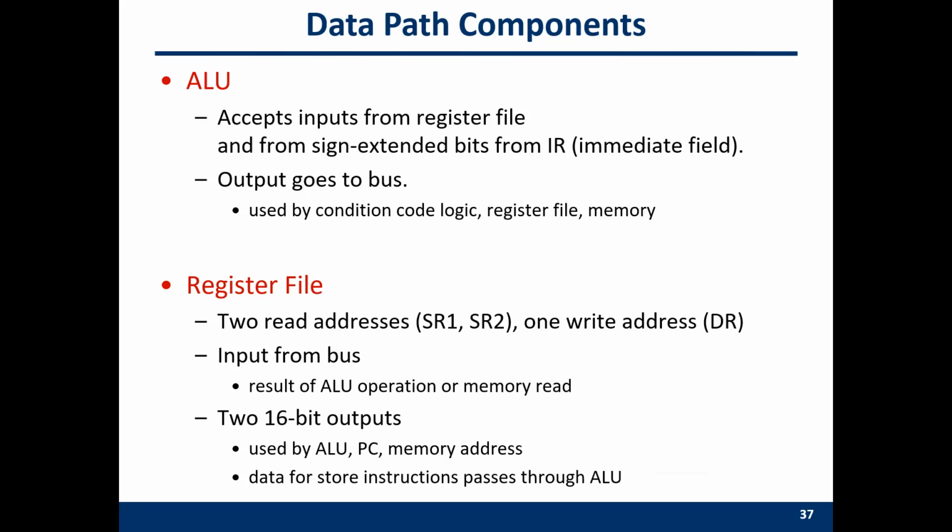For example, if your instruction needs two source operands, which means you need to access source register 1 and source register 2, you can read these two numbers in the same cycle. The register file can also receive some input from the bus. For example, the ALU can generate a result and write it back.